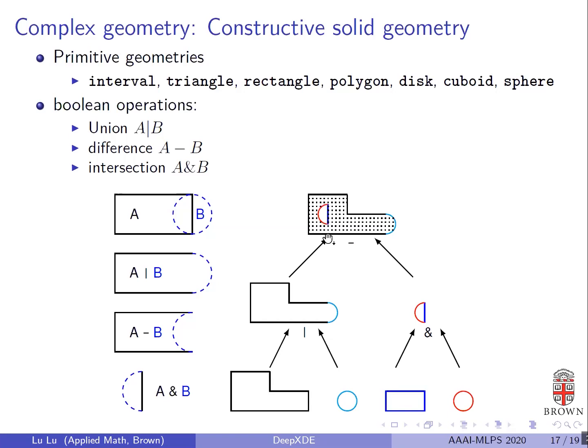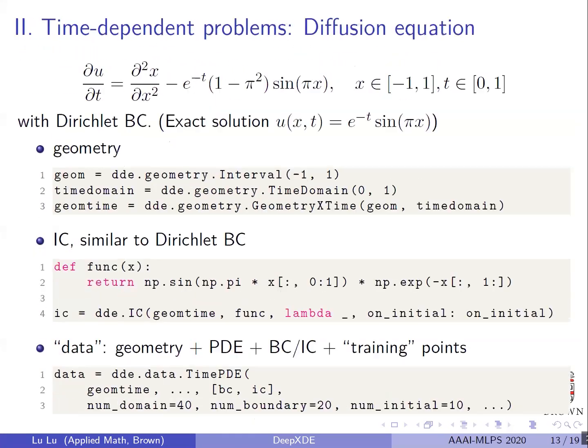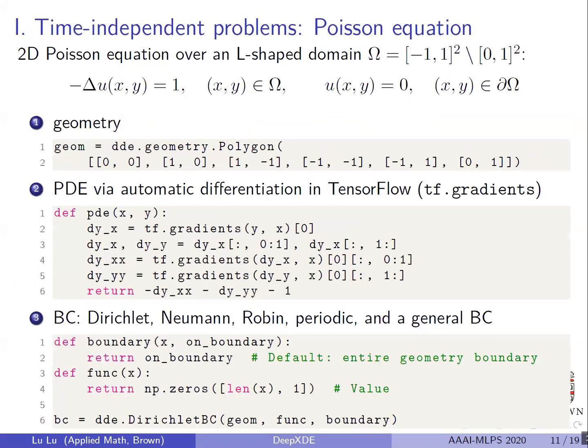Then for any complicated geometry, we can easily construct it from simple polygons, circles, and rectangles using the 3 standard operations. That's why, as you can see in the previous example, the user only needs to define the boundary condition and what the locations are in the boundary condition.